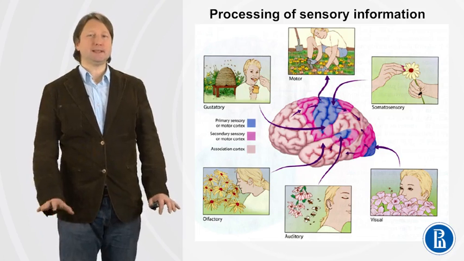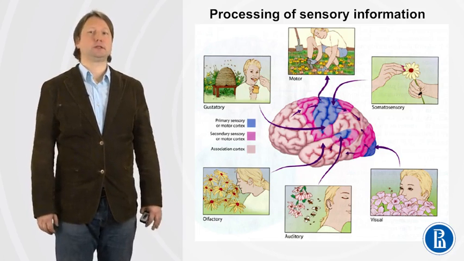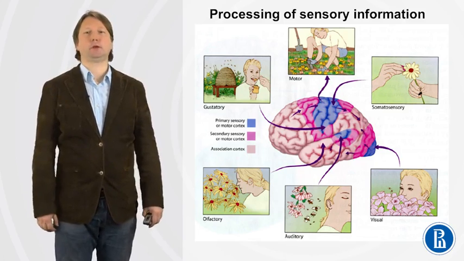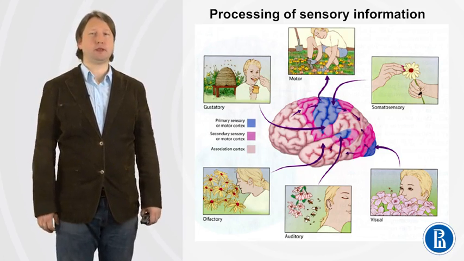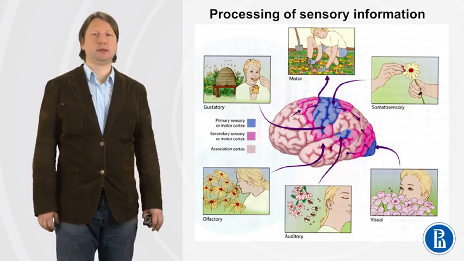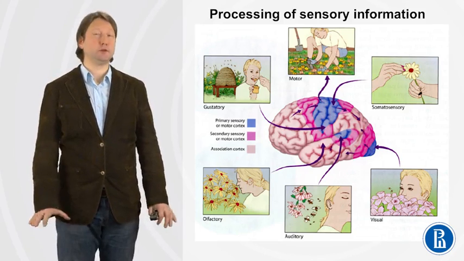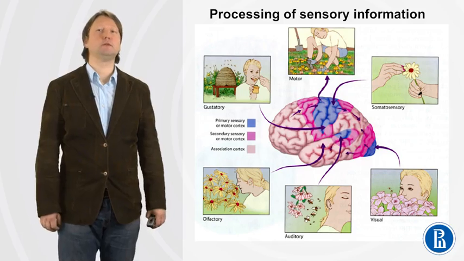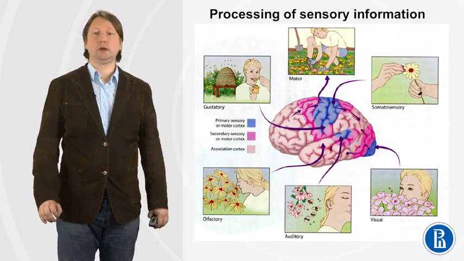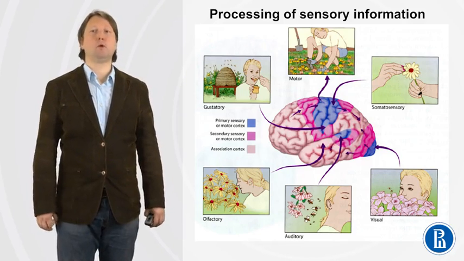So let's quickly discuss how the brain processes sensory information. Different brain areas are specialized in different sensory information. For example, the occipital cortex is involved in the processing of visual information. This is the so-called visual cortex. In the temporal cortex, we can find the auditory cortex.